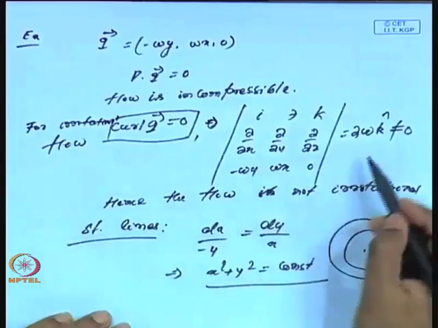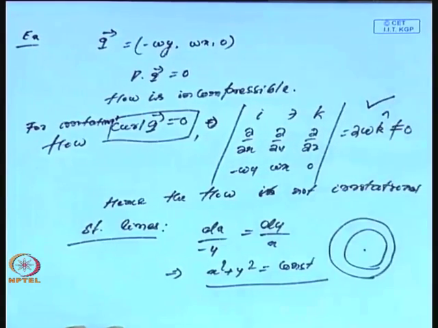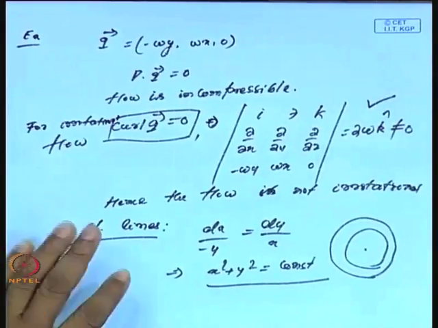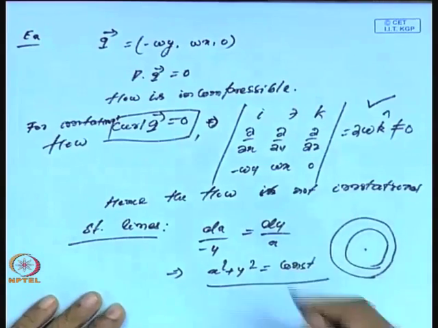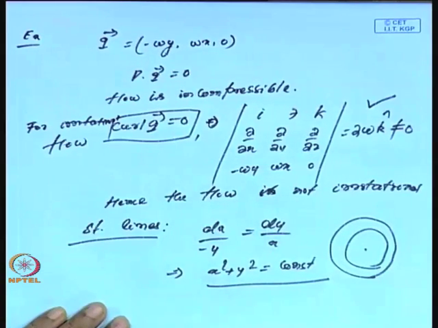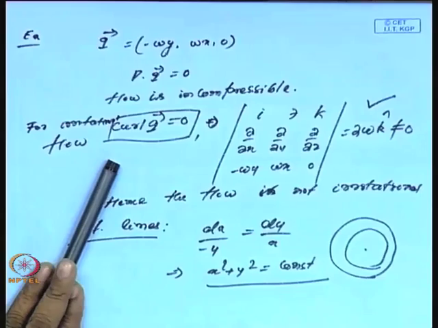On the other hand, here the curl is not 0. So we have a fluid flow where the fluid particles follow a circular path, and the flow is rotational. Whereas in the previous example we showed that the flow can be irrotational, but still the fluid can follow a circular path.